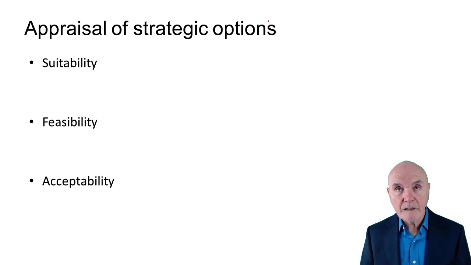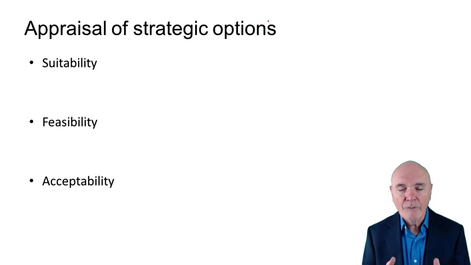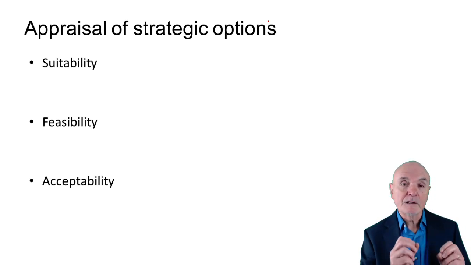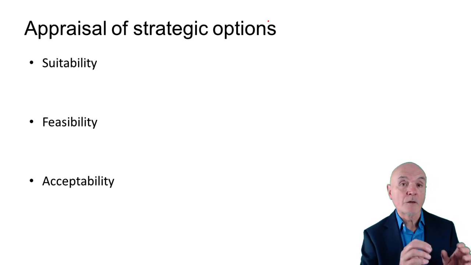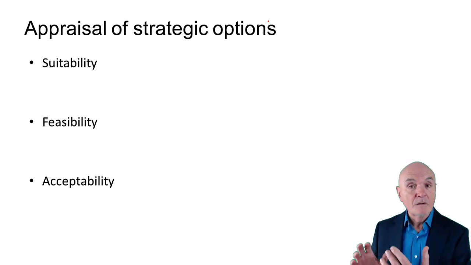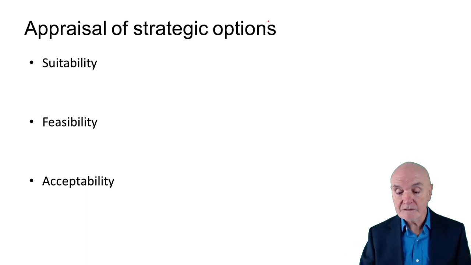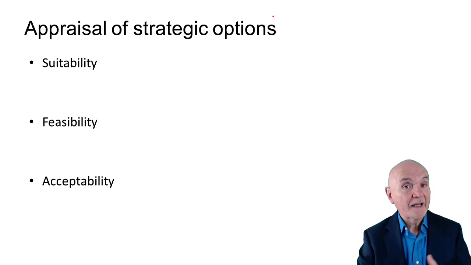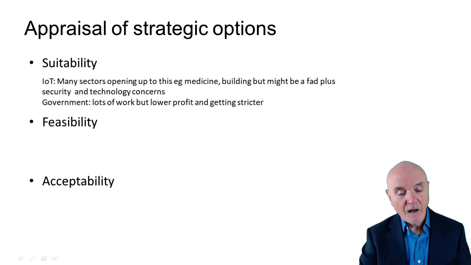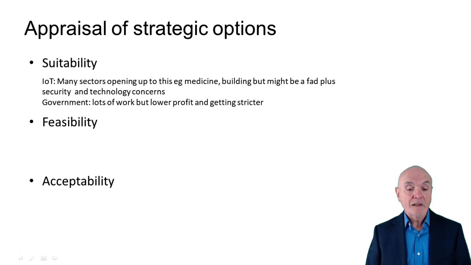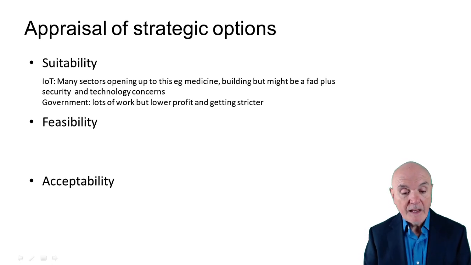So we have the old problem, really. Do the shareholders want to go for high risk, high return, or would they rather go for low risk, low return? Of course, we can't answer that here because we don't quite have the information for it. Anyway, on the suitability, I came up with the many sectors opening up in this.